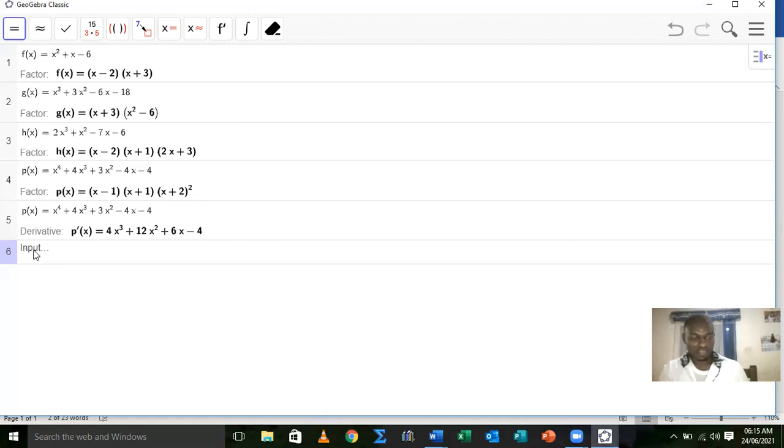To verify this, we just need to move to that derivative. We substitute the root -2 in p prime of x, and we show that it is 0.